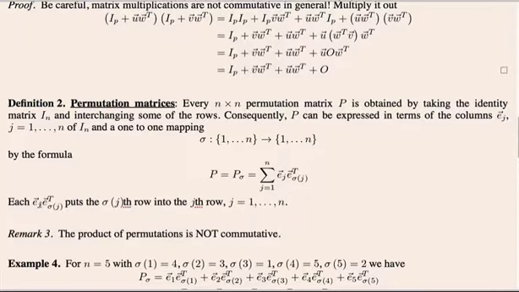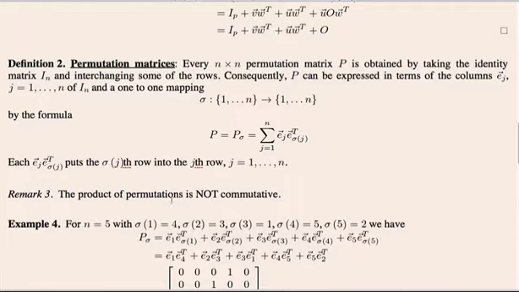Each of these products, Ej E sigma j transpose, puts the sigma j row into the j row. And then what we end up with is placing each row into some other row.